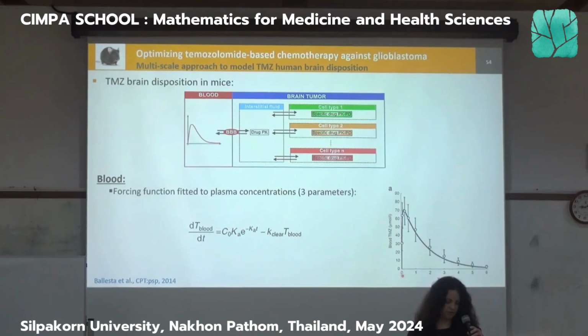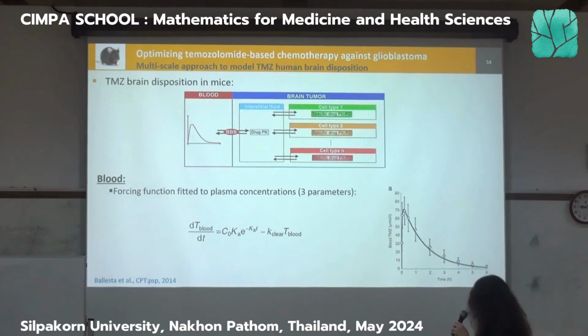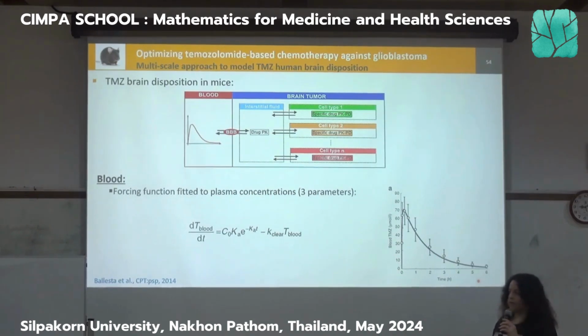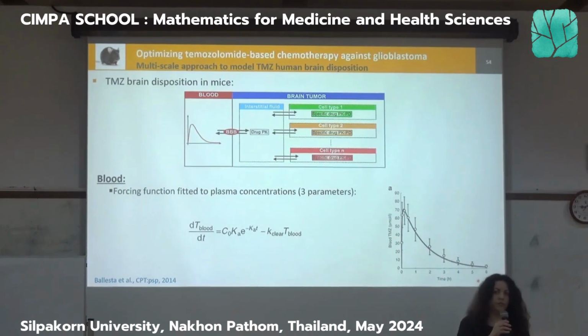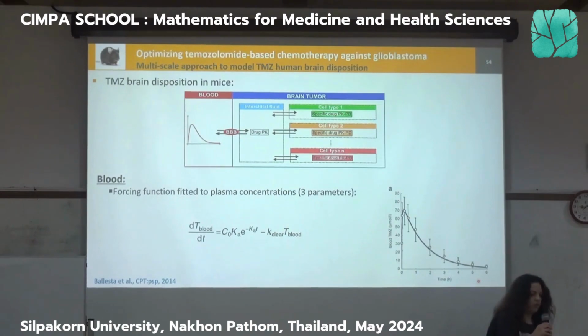Here, on the x-axis you have the time, and on the y-axis the concentration of temozolomide in the blood of the mouse. You have the data points here, and the idea is not to model the mechanism, but just to have a model that provides a shape very close to this particular data.